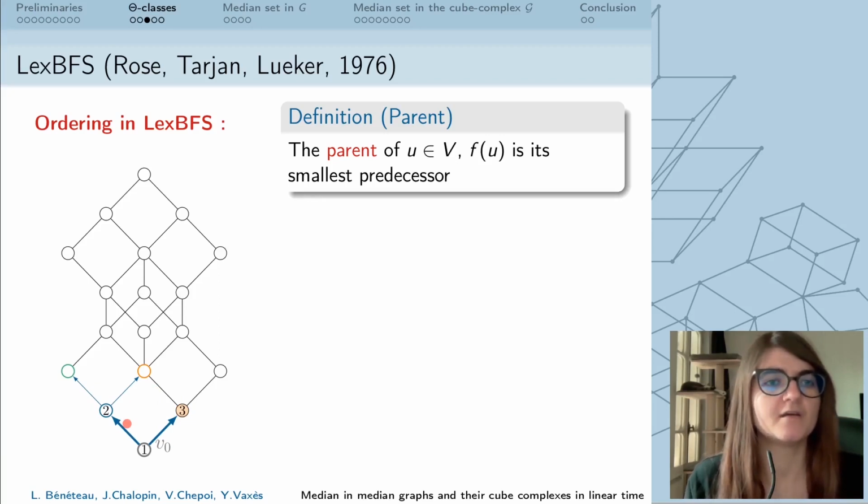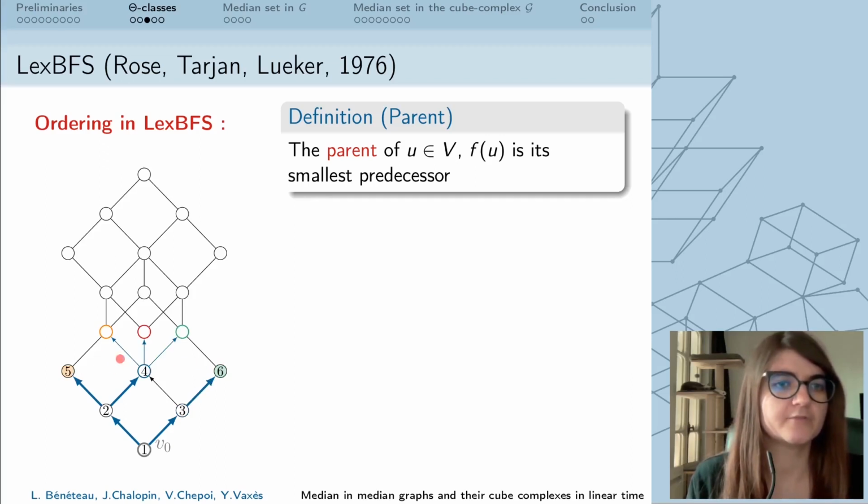Now moving to the vertices that have 2 as a predecessor. As you can see, there is one vertex that has a second predecessor in the LexBFS, while the other does not. So we'll preferably add the one with a second predecessor, and then the other, and then the ones that have 3 as a predecessor.